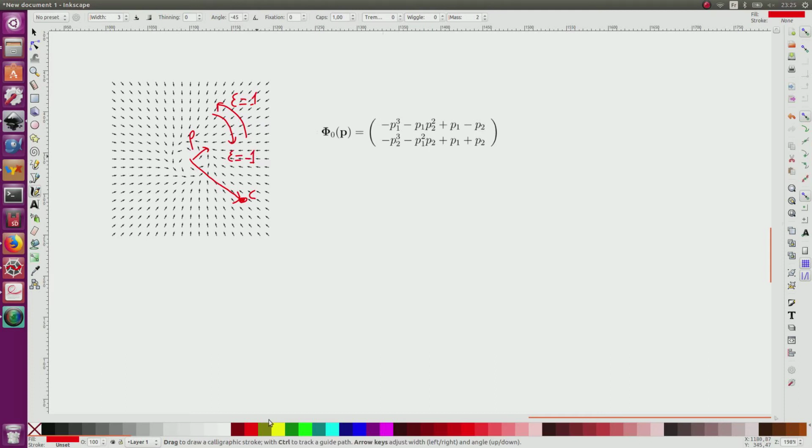So the transformation in P1, P2. So why did I take P1, P2? Recall that the state vector of my robot will be x1, x2, x3, and the vector P corresponds to P1, P2. So P1, P2 correspond to x1, x2.